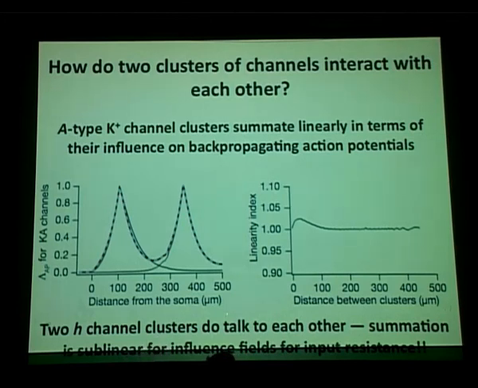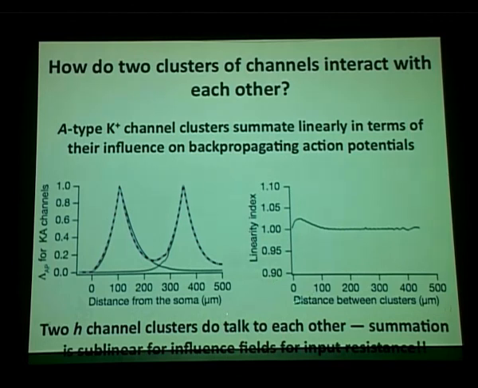Right? So in this case, where you have two different A-type potassium channel clusters, one at 100, another at 350 sitting over here, when you measure the separate influences, they look like that, the black traces. You have the linear summation, and the actual thing that you get by placing both these clusters together exactly matches it. So for backpropagating action potentials, the linearity index of this summation is almost 1.